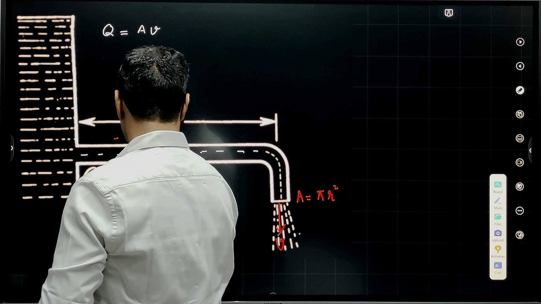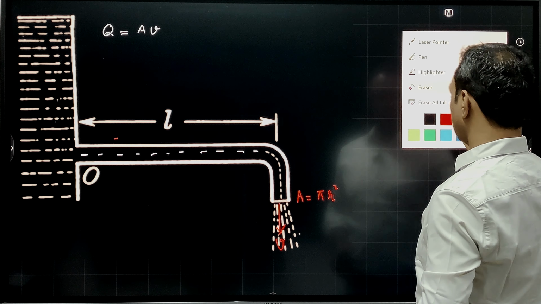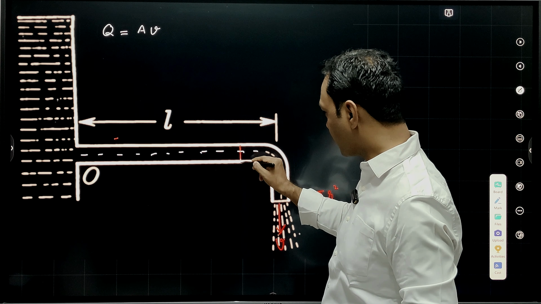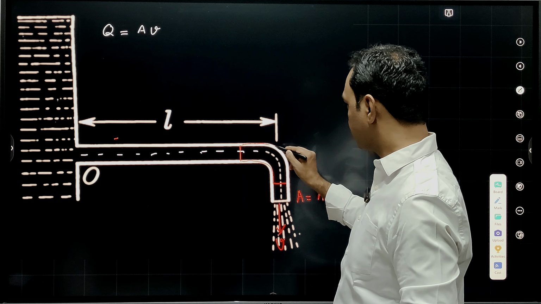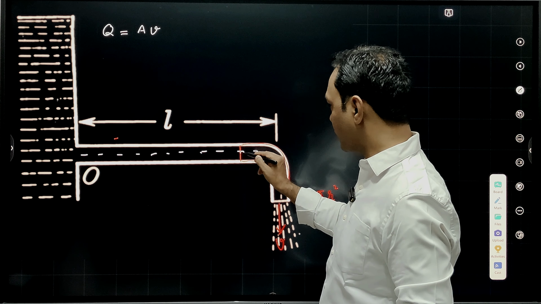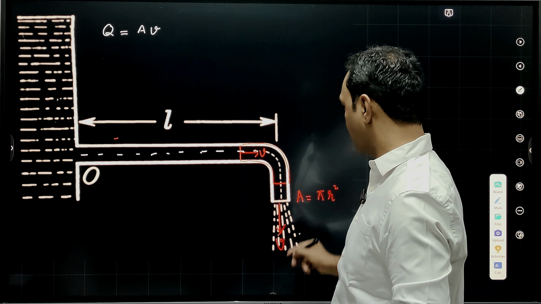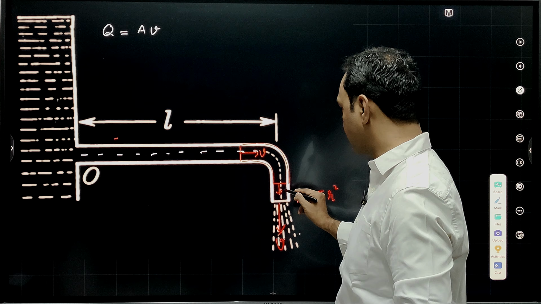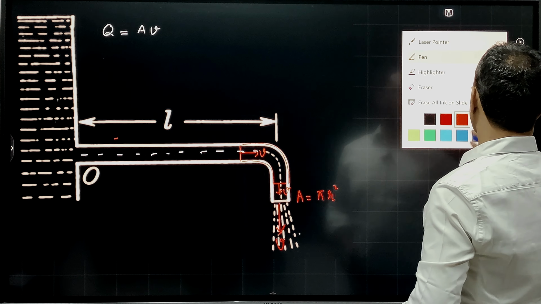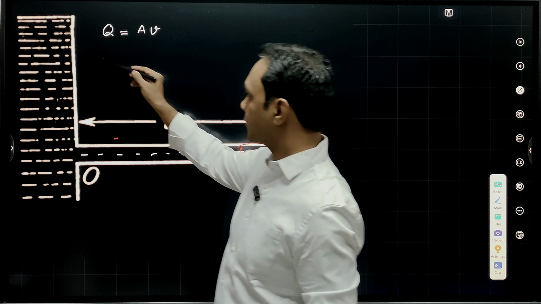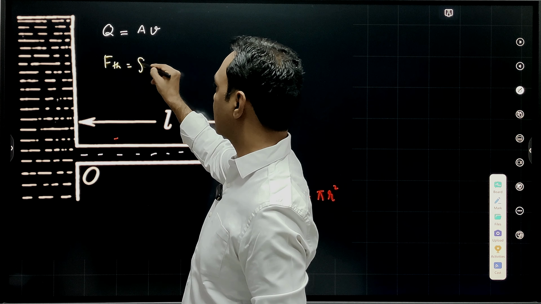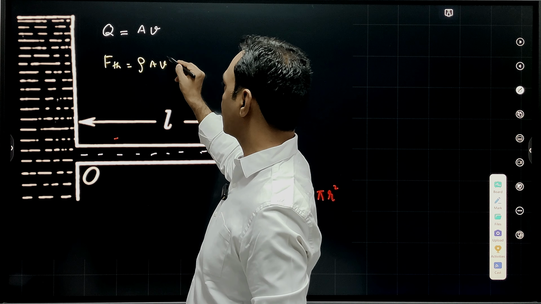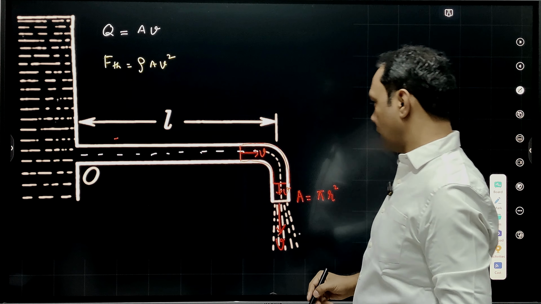So let me take this section of the pipe. Here water enters and here water leaves. I have just written the magnitude of the thrust force at each section: rho A into V squared.